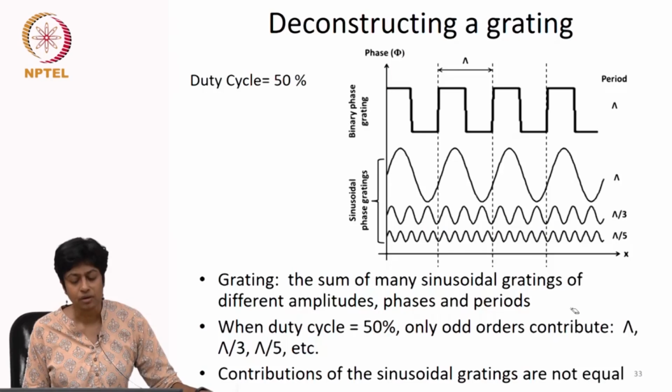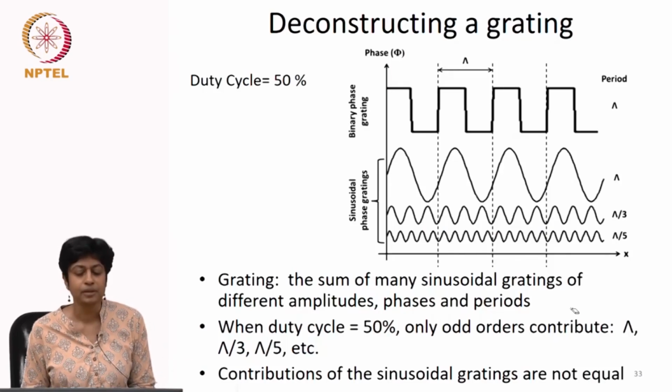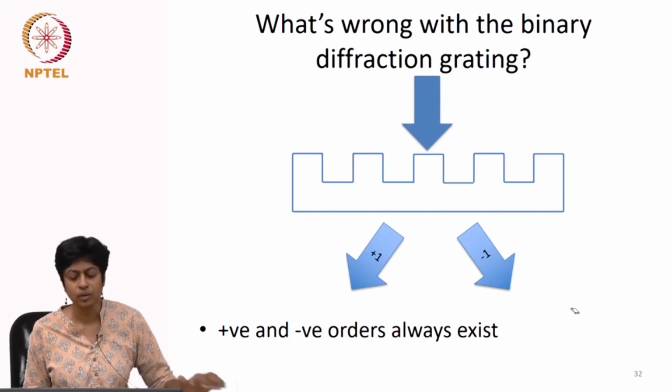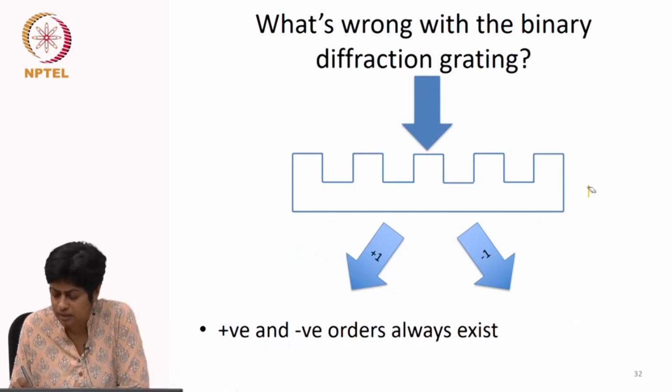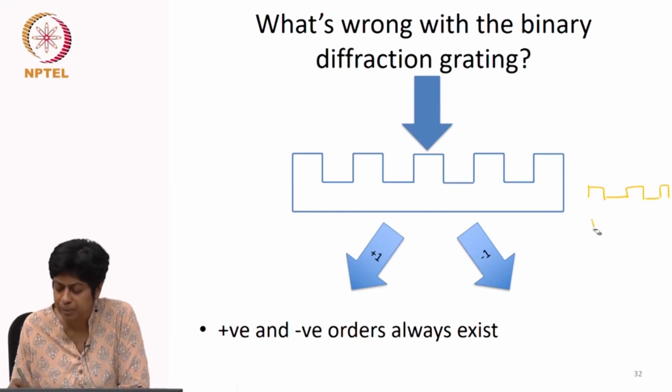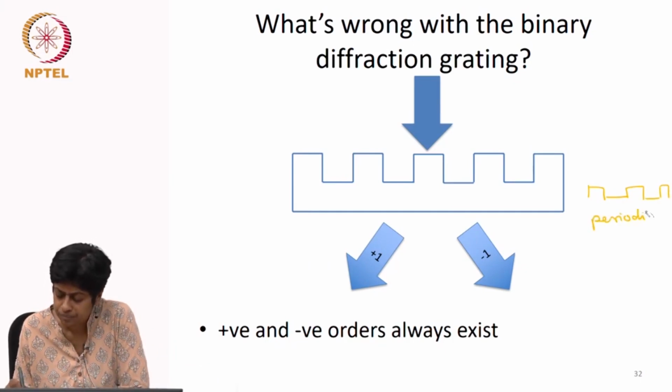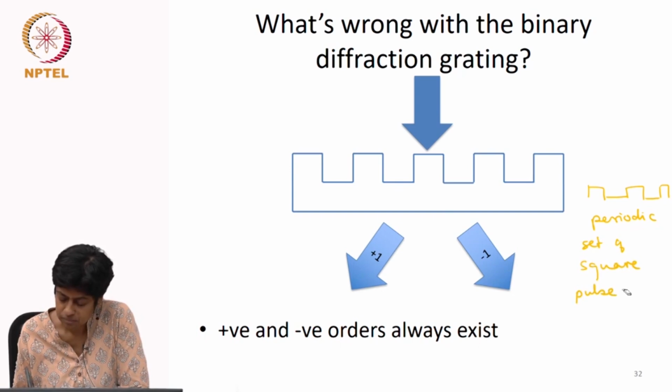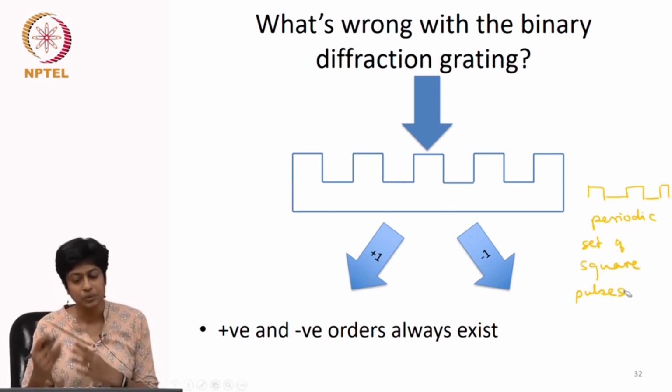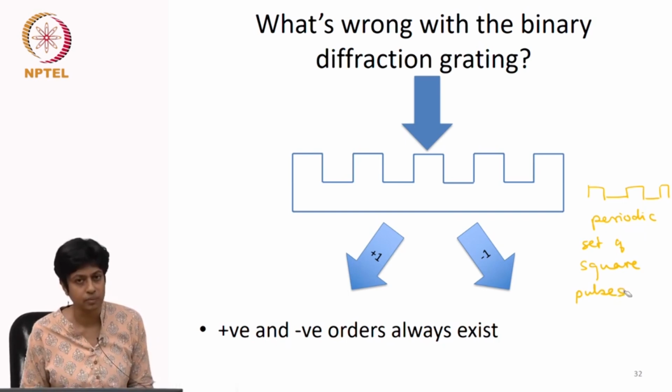How do I get rid of this? Or why exactly does that happen? You could think of this in terms of a Fourier analysis of the grating. So if I gave you a signal like this, and I asked you to Fourier analyze this signal, this is a periodic set of square pulses. It's a nice analogy to help us understand what's going on with the grating.